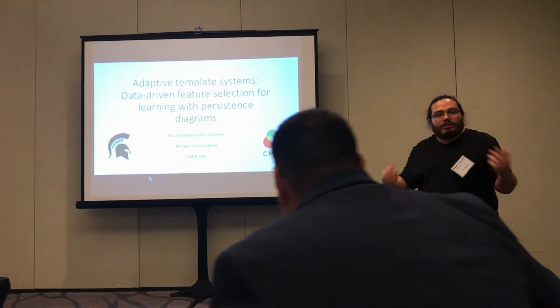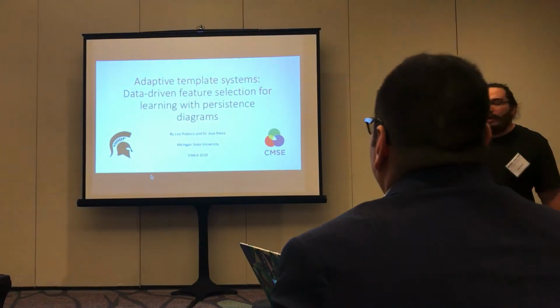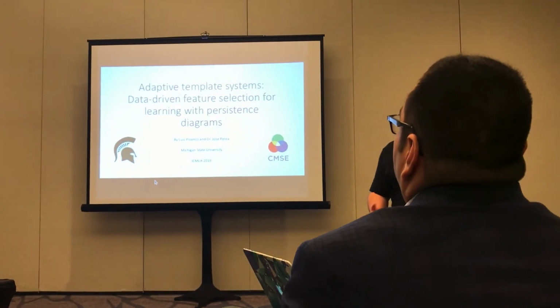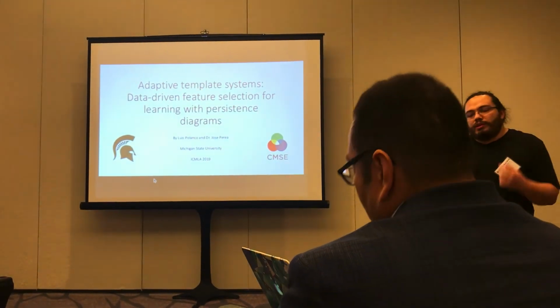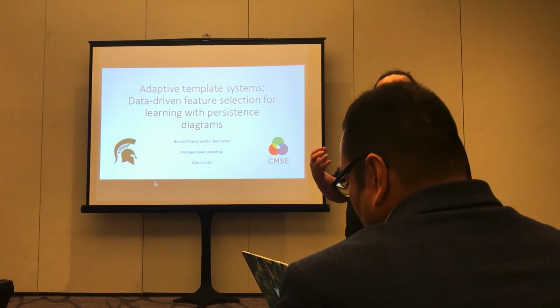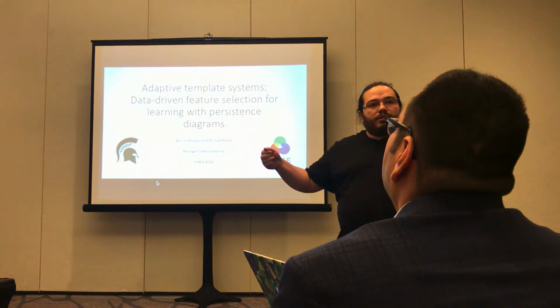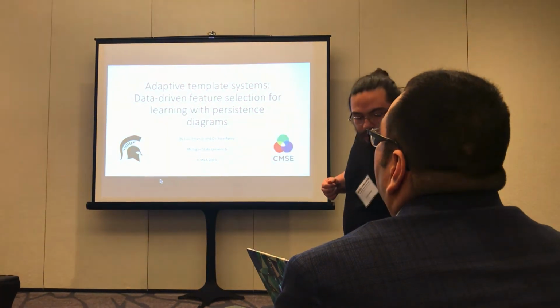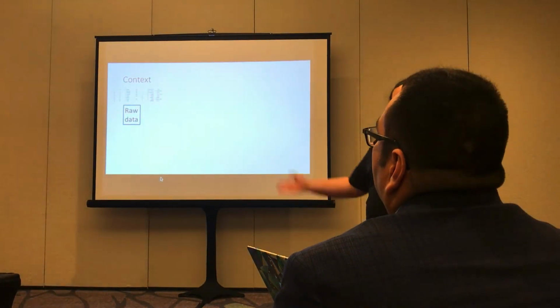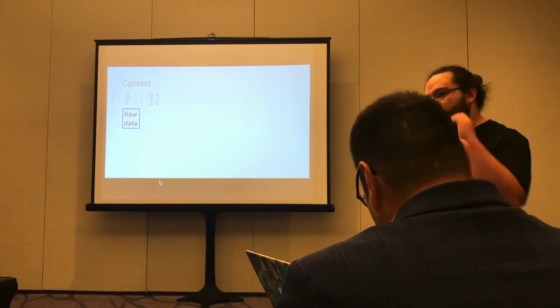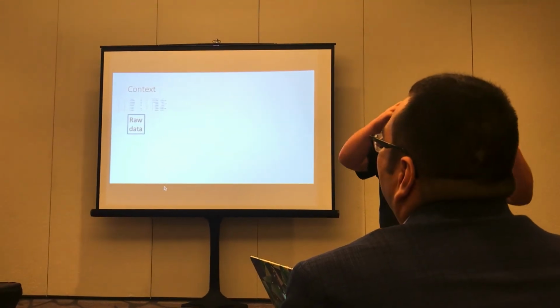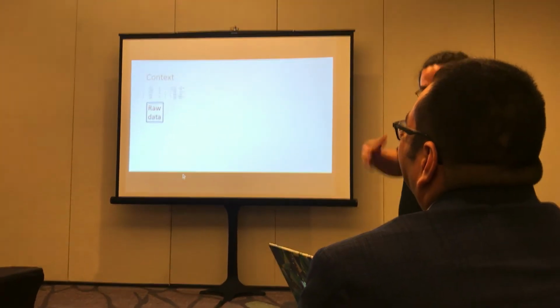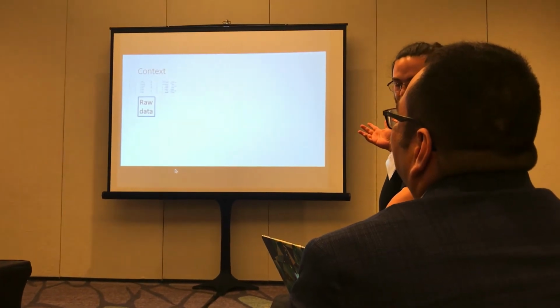Thanks. Yep, so hello, I'm Luis, and in much of the same vein of the previous talk, I'm going to talk about a way of selecting vectorization options on persistence diagrams to solve machine learning problems. Just to give a rough context of where this work fits in the pipeline from data to machine learning: we start with raw data.